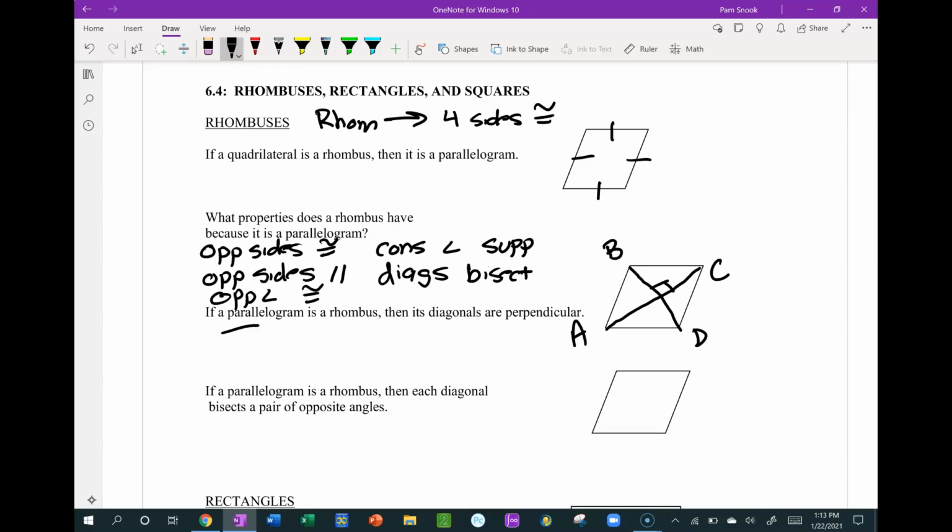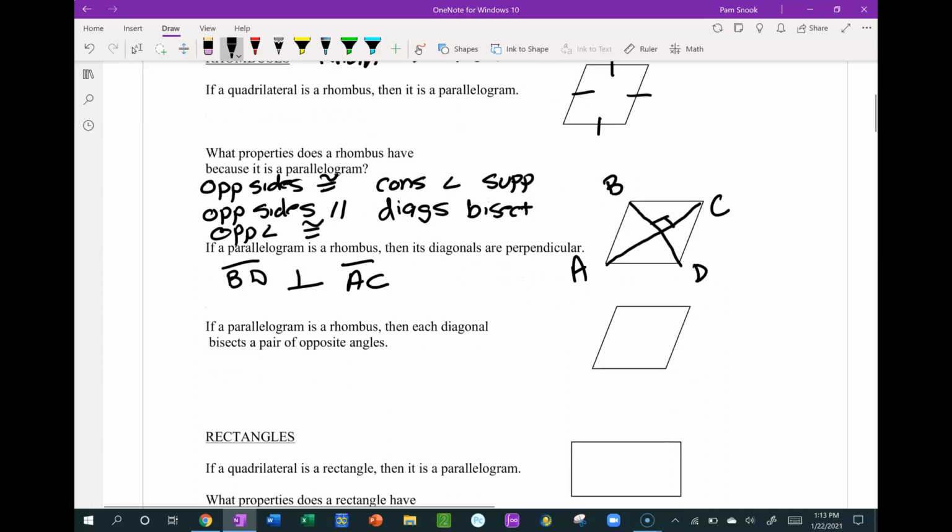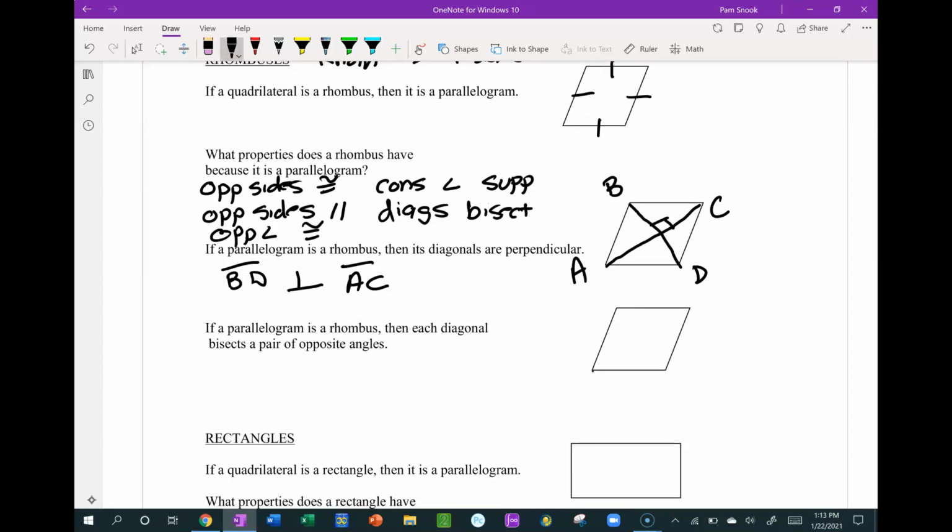And I can then say that line segment BD is perpendicular to line segment AC. Also add to that, if a parallelogram is a rhombus, then each diagonal bisects a pair of opposite angles.